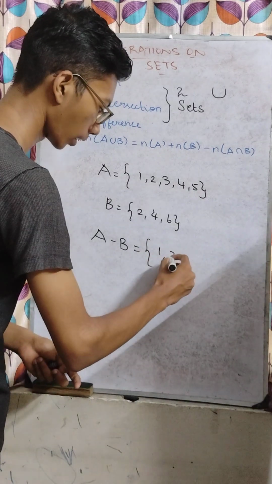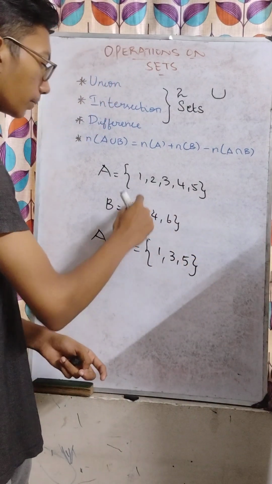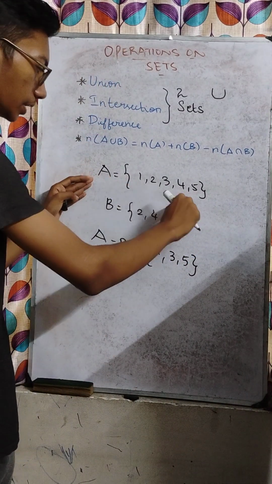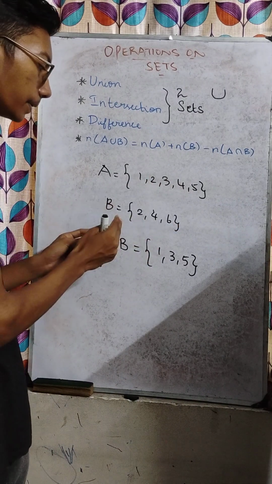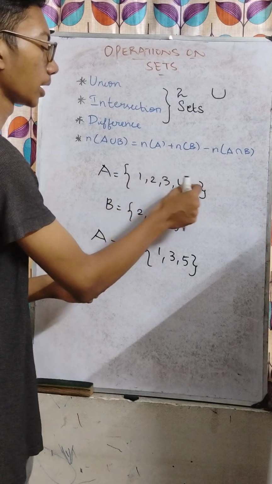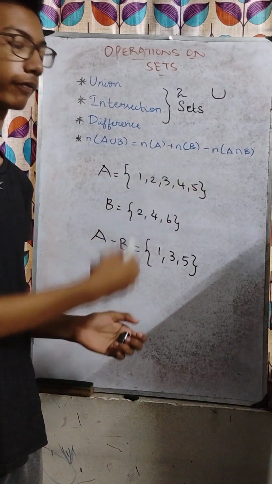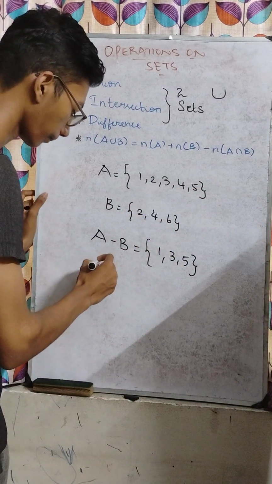So the answer is 1, 3 and 5. Because these are the elements in A, but 2 and 4 are also in B, which we should subtract. So we are writing only 1, 3 and 5, excluding 2 and 4. So that's what A minus B is.